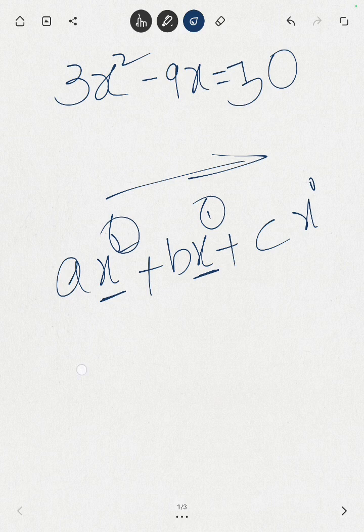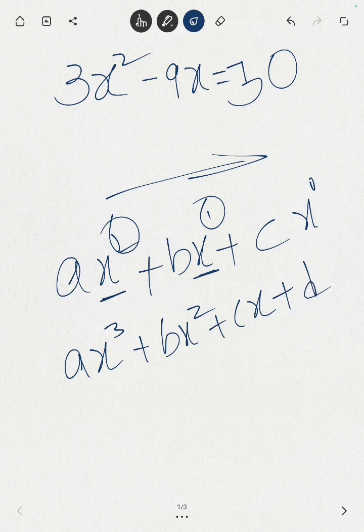Not only this, even for a cubic polynomial, ax cube plus bx square plus cx plus d, we have to deal with the coefficients perfectly. There are chances we might not get the question in a standard form. So what do we do in this case?